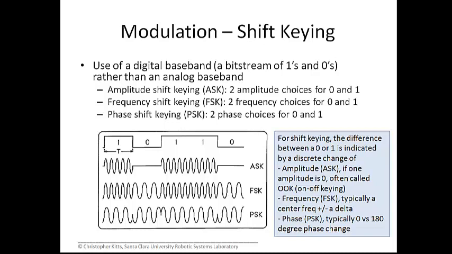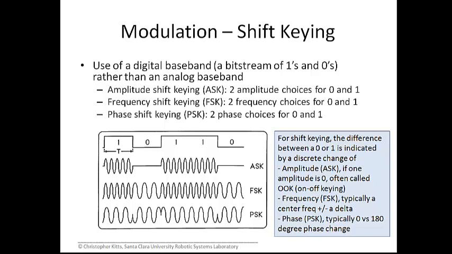So on-off keying is basically I'm going to have a wave or not, which is equivalent to saying I have a wave at a certain amplitude and then the same wave at a 0 amplitude. So on-off keying is an extreme version of amplitude shift keying. But the basic concept of shift keying is we go between two different choices in the basic version.